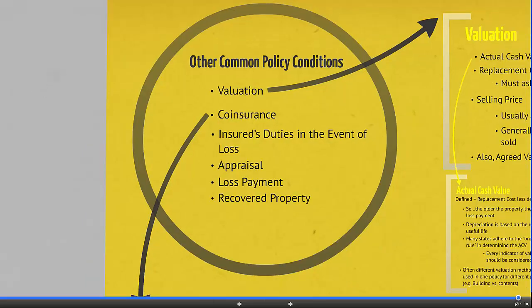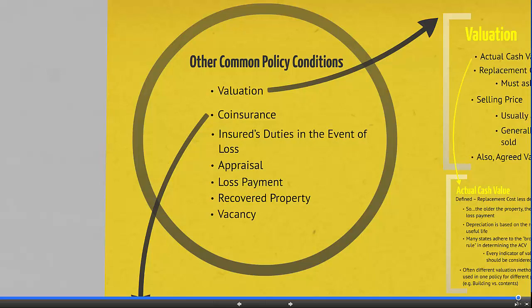Recovered property. The insured, as well as the insurer, may demand return of recovered property, but if it is the insurer that recovers the property and the insured demands return of that recovered property, the insured must refund the insurer the amount they were paid for the loss. The insurer, however, will pay for the damage to the property that has been recovered.